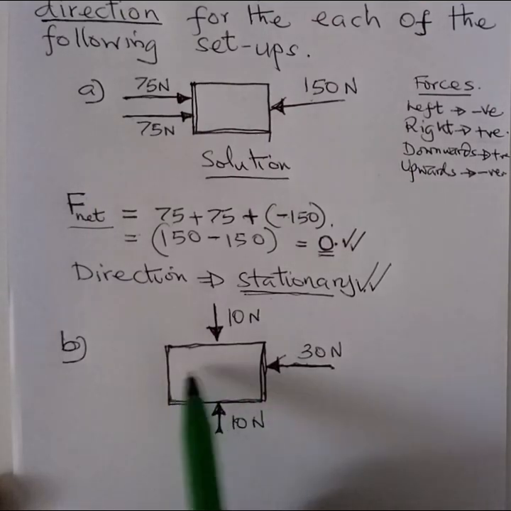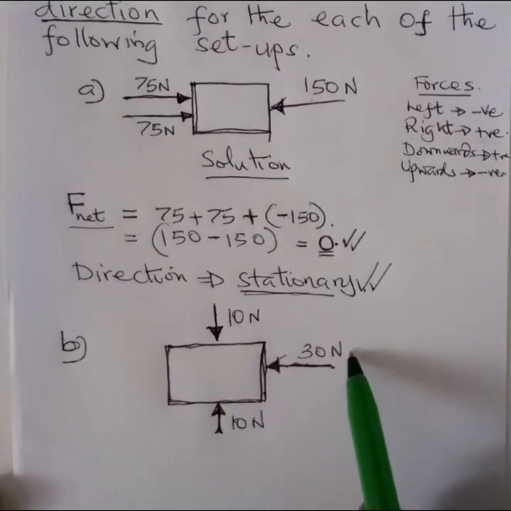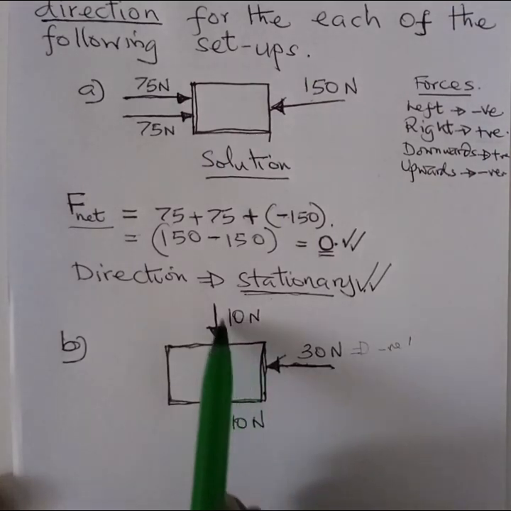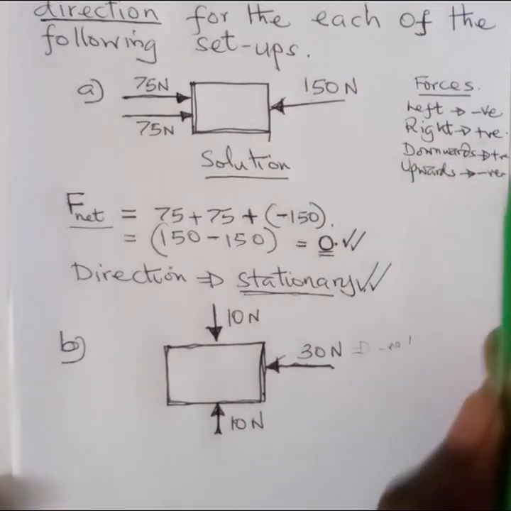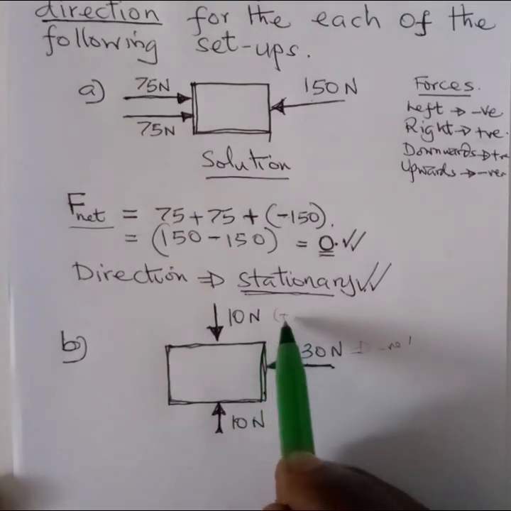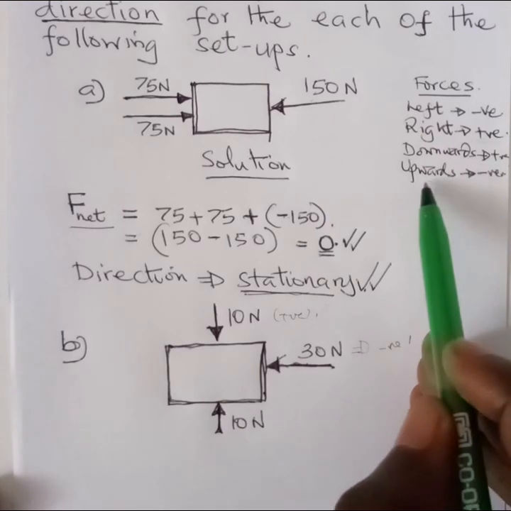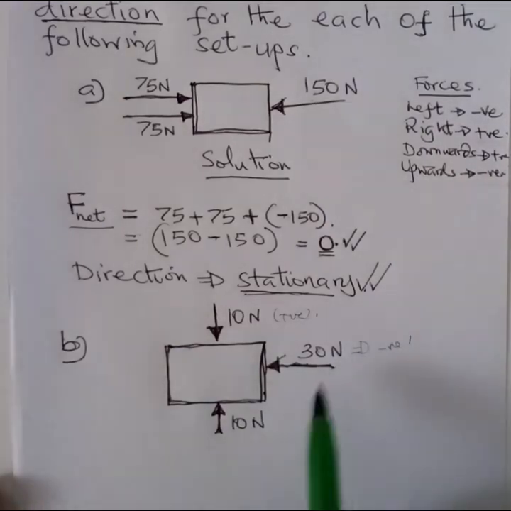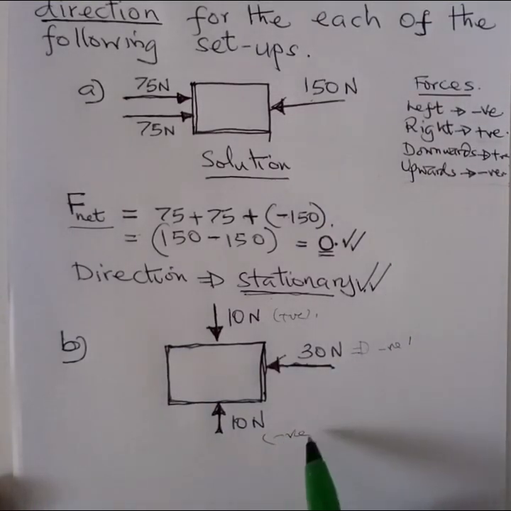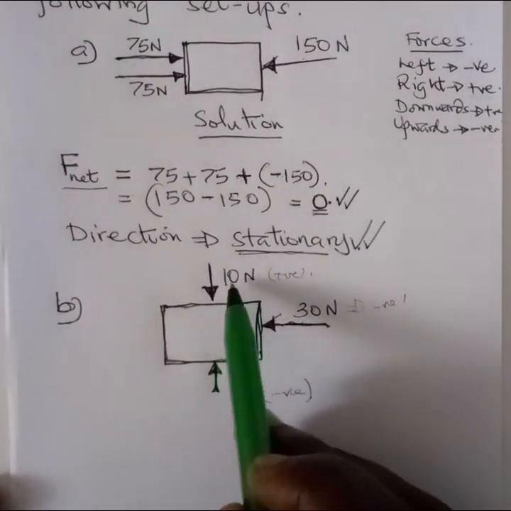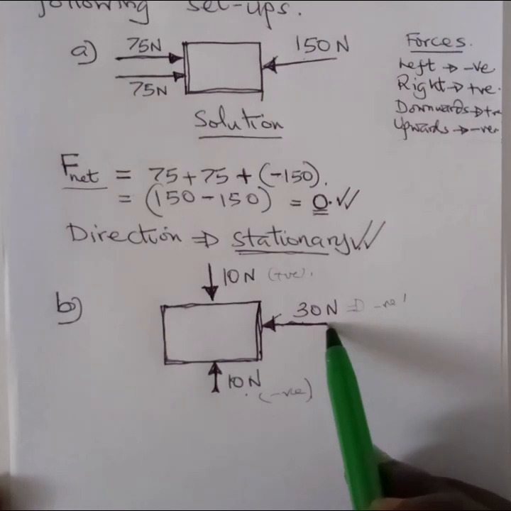Yes, to the left. So 30 will be negative. Then we have 10 newtons downwards, downwards it will be positive. Then we have 10 newtons upwards, upward it will be negative.